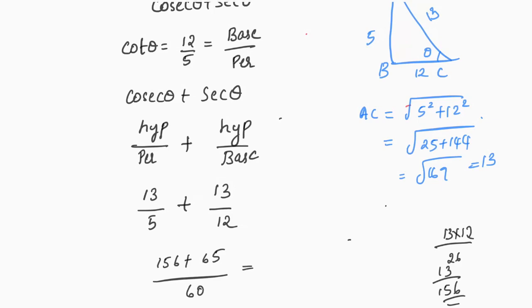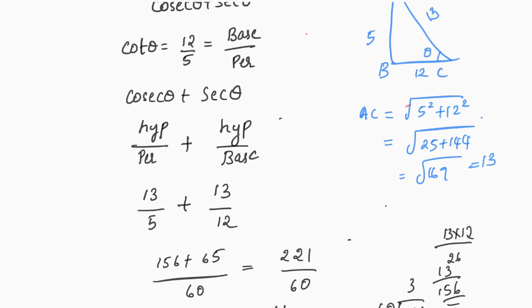So what do you get as the answer? 221 by 60. So what is 221 by 60? 60 goes 3 times, that is 180. So what remains? 41. So what's our final answer? 3 and 41 by 60. Is it clear to you all?